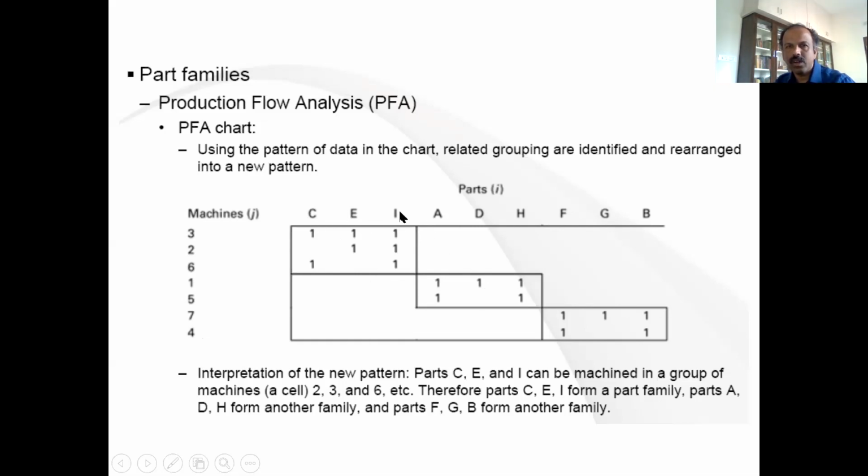Therefore, by production flow analysis, you understood that cells can be formed so as to process some known type of work parts. This is the beauty of production flow analysis.